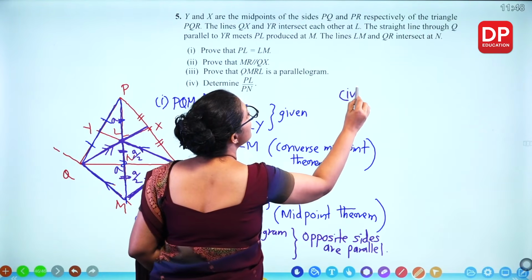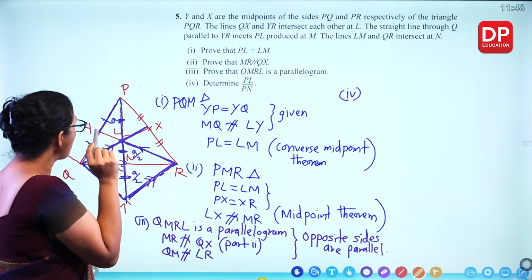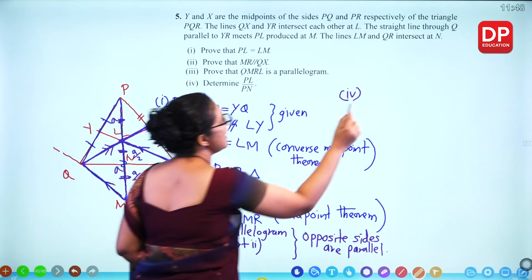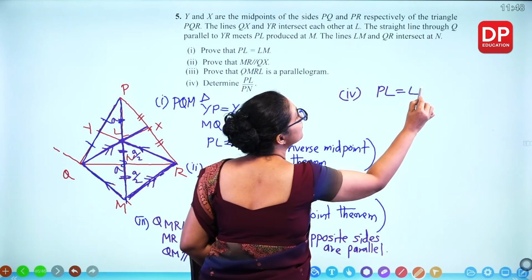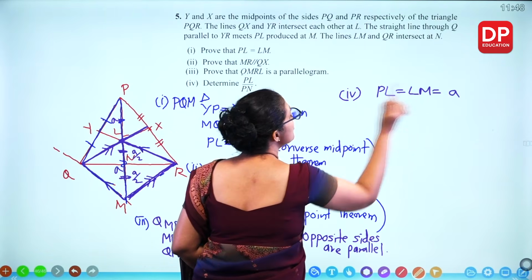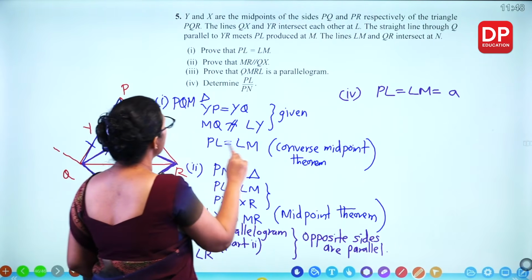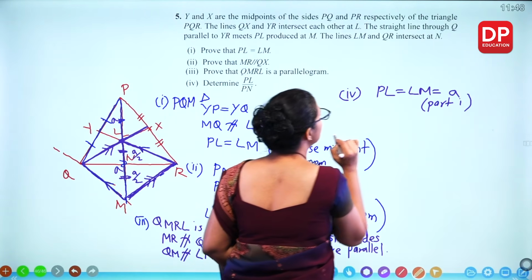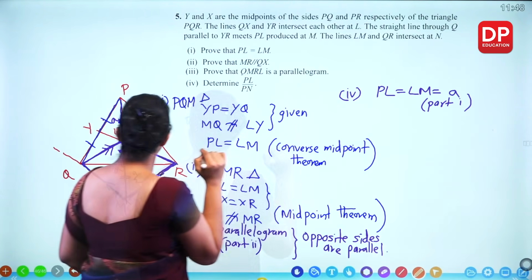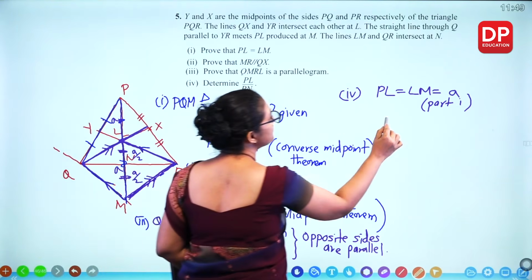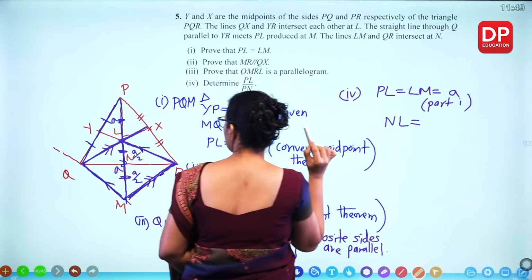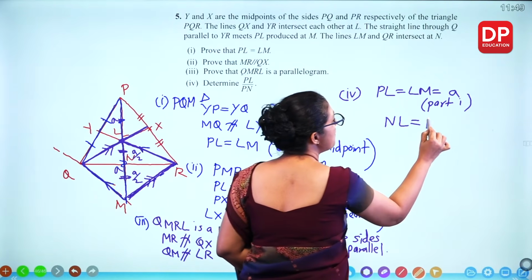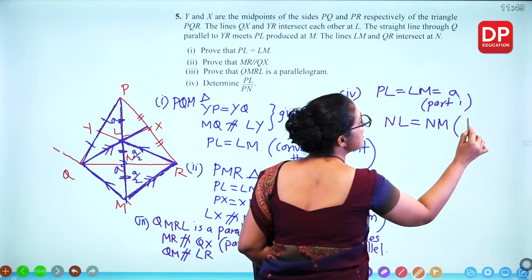So we have to first write down all this information. So fourth one we can write down. PL equals LM, that's equal to, we'll put A from part 1. Then NL equals NM. What's the reason?